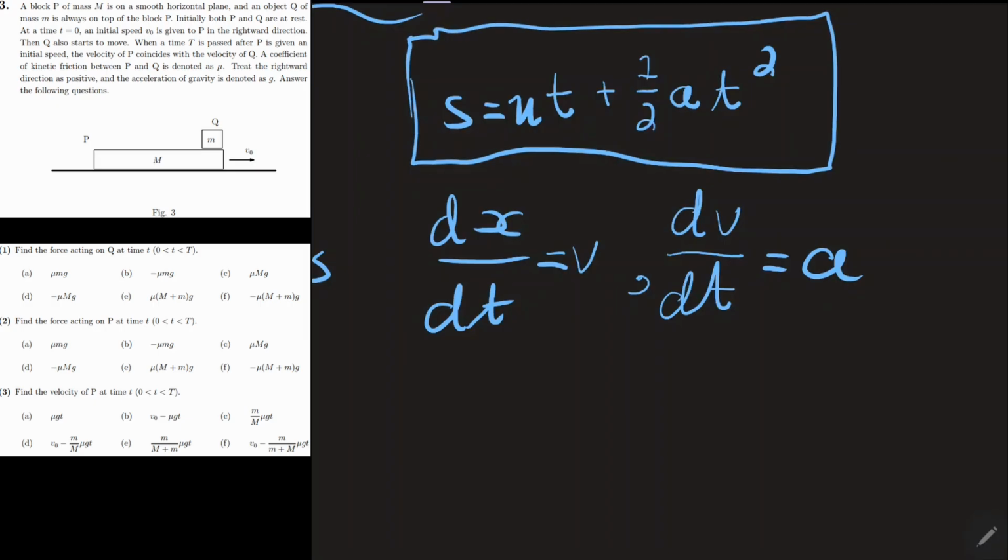Then also, it is helpful to keep in mind that if you have a function that gives you the position of an object in terms of time, then taking the derivative of that function will give you the velocity in terms of time. And then if you take that velocity function and take the derivative of it with respect to time, you find the function for the acceleration in terms of time. And that is helpful for specifically the last part of this question.